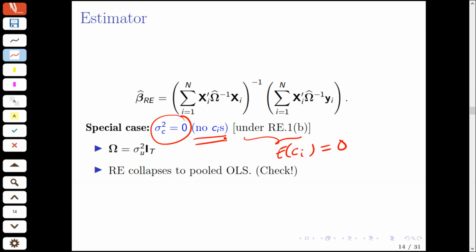In this case, omega collapses to a scalar matrix, that is the identity multiplied by the idiosyncratic error variance. Since this structure is known to us, we could enforce it in our estimation of omega, and the random effects estimator, as repeated up here, would simply collapse to pooled OLS. Now I won't go through the details at this point, but I highly encourage you to go through the different steps in the argument to see that you understand all the details.